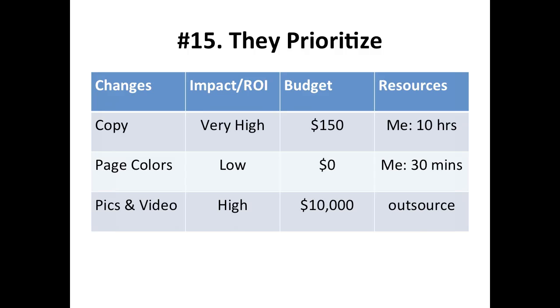Especially when it's your first time doing conversion rate optimization. When it's your first time, pick the lowest hanging fruit first. I wouldn't even say go for the biggest things or the highest impact ones. I mean, just get started.